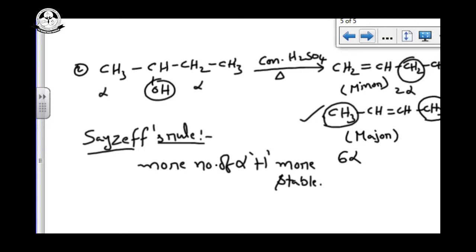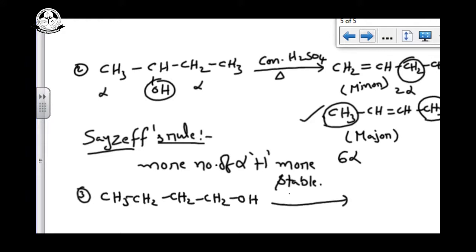Now take the third equation: CH3, CH3, CH2, CH2, CH2, OH, with concentrated sulfuric acid and heat. Generally we feel OH is here, so there are no 2 alpha hydrogens, only 1 alpha hydrogen here.